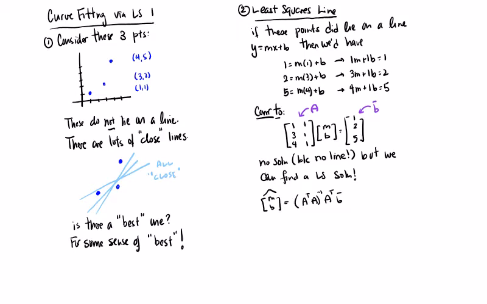So if we calculate this, there's some calculation in here, we get 17/14 and -4/7. That's a 14 in there. Which means we have this line.